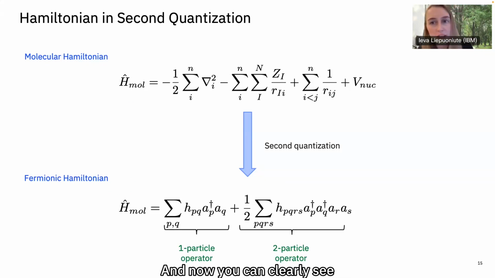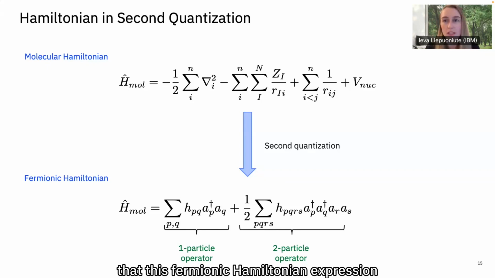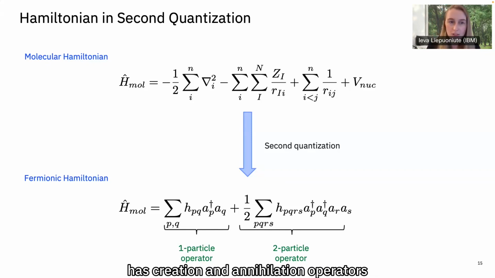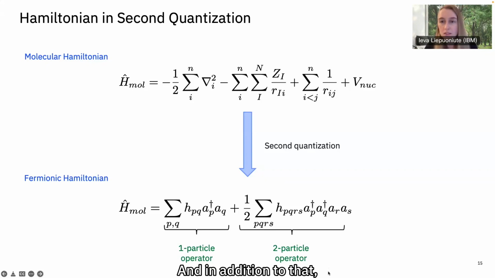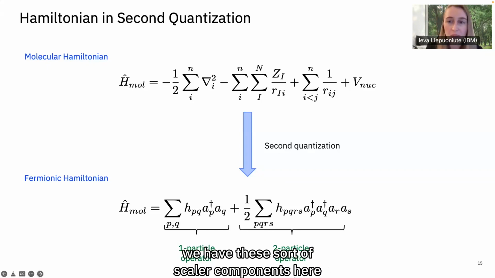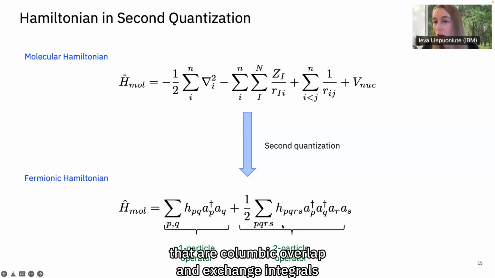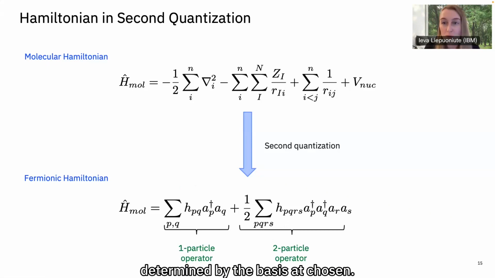And now you can clearly see that this fermionic Hamiltonian expression has creation and annihilation operators acting on specific states, as denoted here by P, Q, R, and S. And in addition to that, we have these scalar components here that are Coulombic overlap and exchange integrals determined by the basis set chosen.